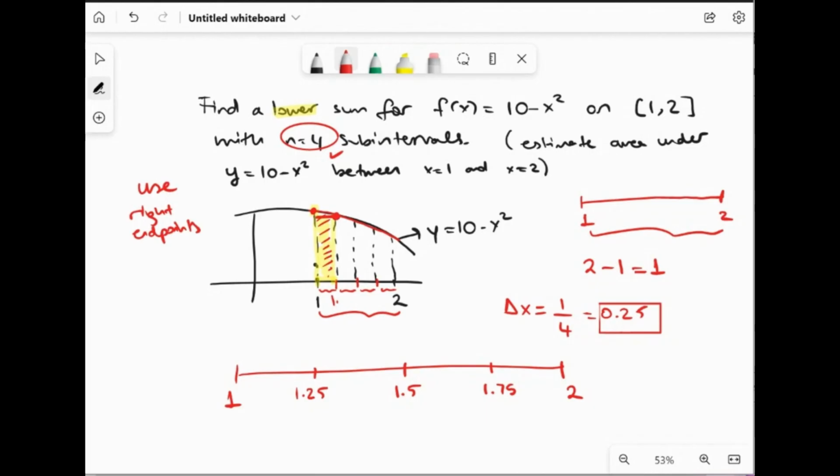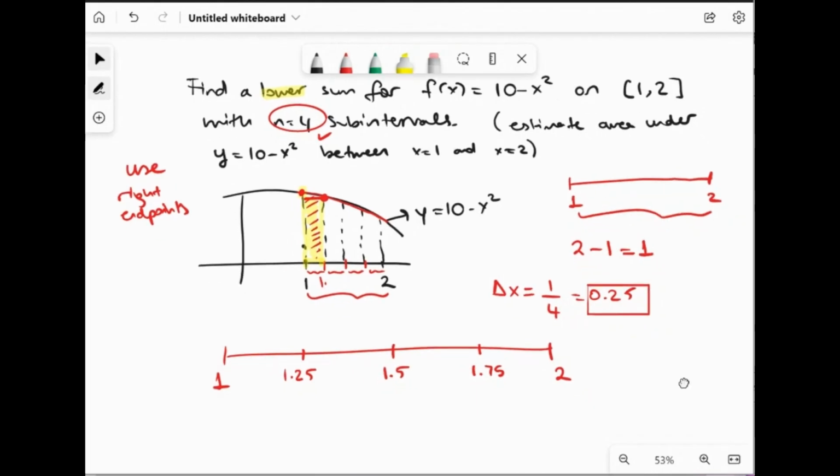Now let's write what is the area in the first subinterval. Let me call it A1, the area in the subinterval. So width times length. Width is constant, which is 0.25. How about the length?